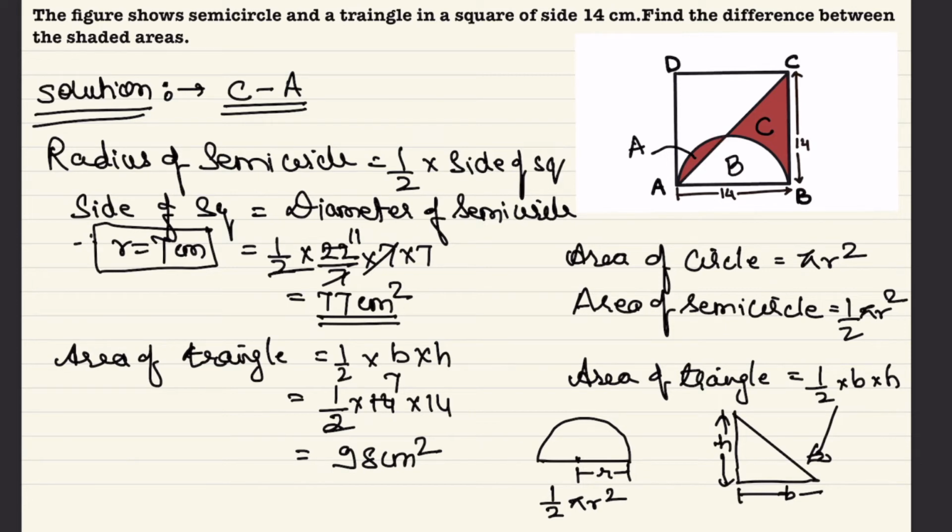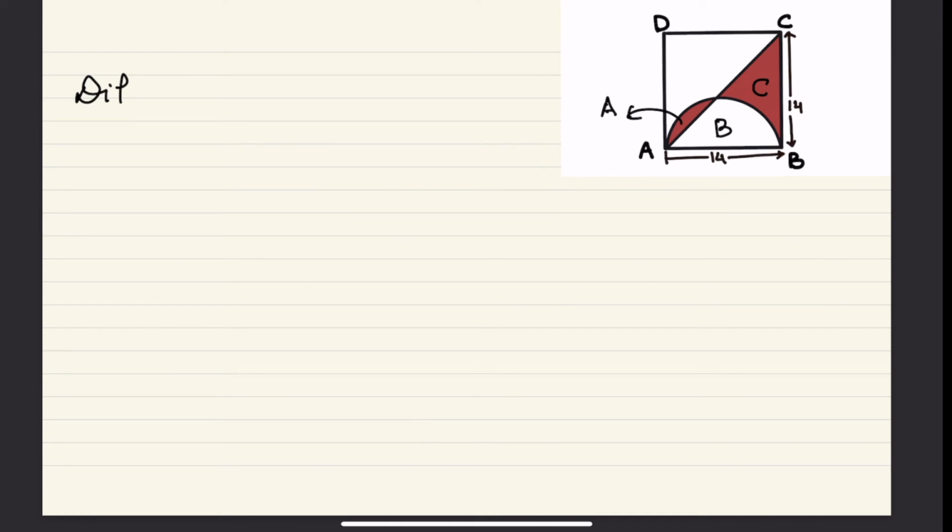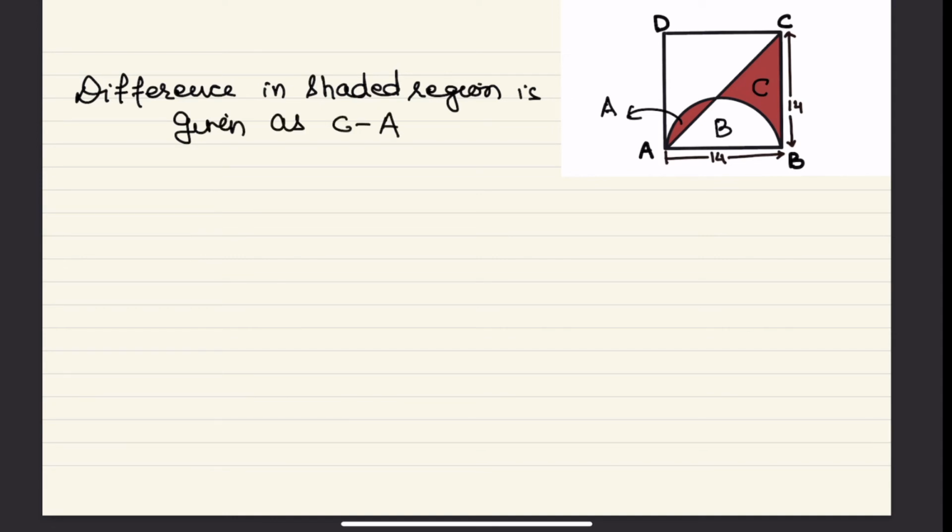So, we will write the difference in shaded region is given as C minus A, which I can write as C plus B, which is the area of this triangle, minus B plus A, which is the area of the semicircle.